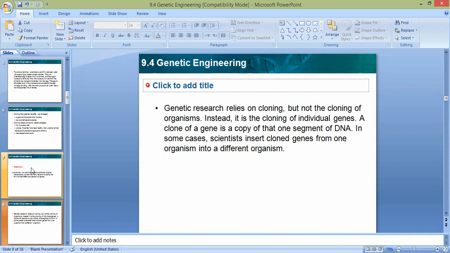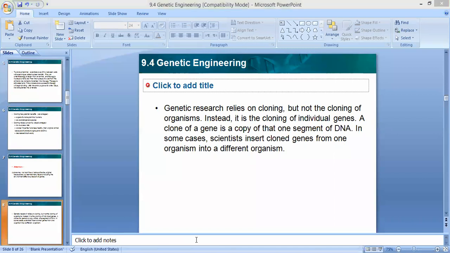I have a gene responsible for, for example, in our body, producing the hormone insulin. What is the function of the insulin hormone? Who remembers, who knows? Mohammad, do you know?